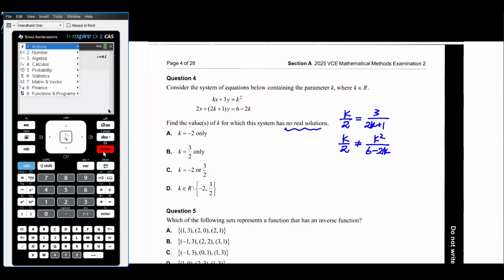So I'll do menu 371, but I only have one variable. The first condition I put there is k divided by 2 equals 3 divided by 2k plus 1. The second one will be half k, but I'll put not equal to k squared divided by 6 minus 2k. So you only have k equals minus 2.